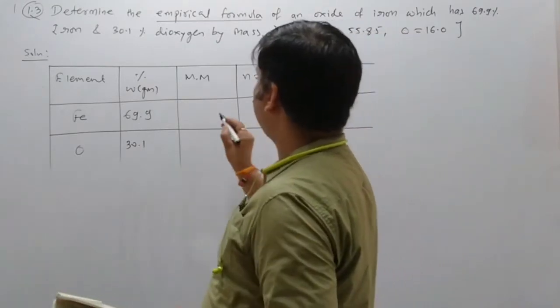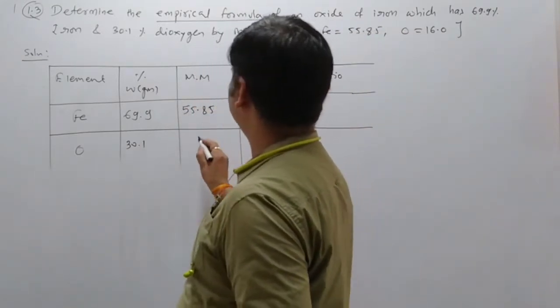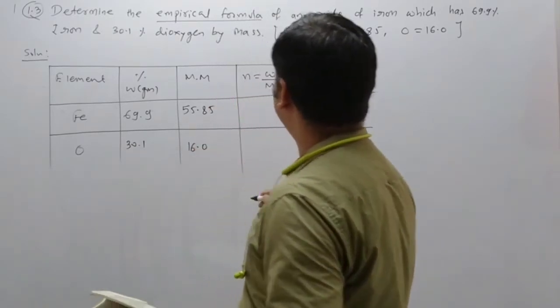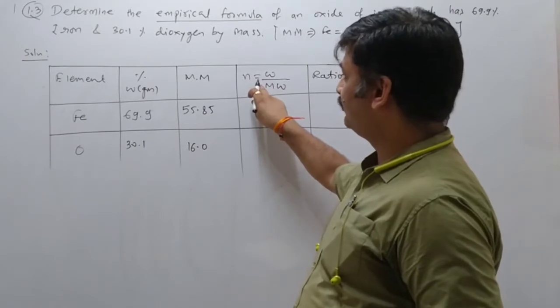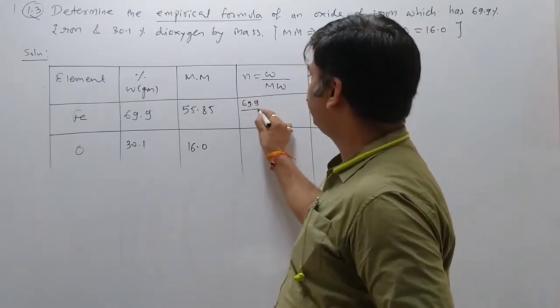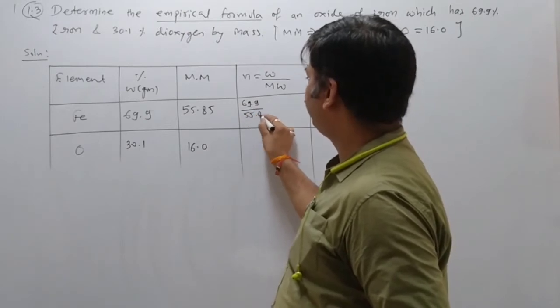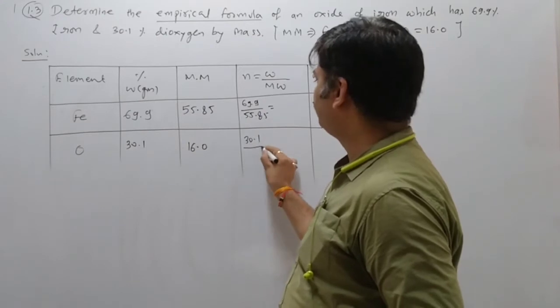So molecular mass 55.85 and oxygen 16.0. Now you know mole is equal to weight upon molecular weight. So here 69.9 upon 55.85. Similarly 30.1 upon 16.0.